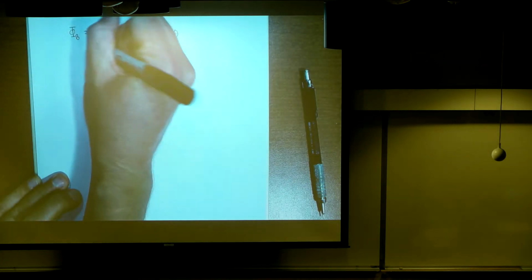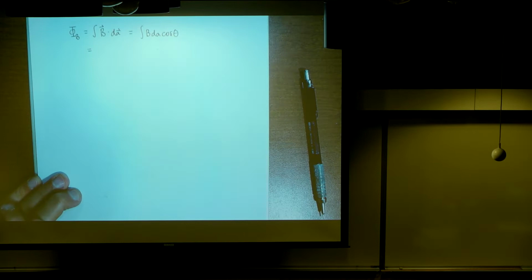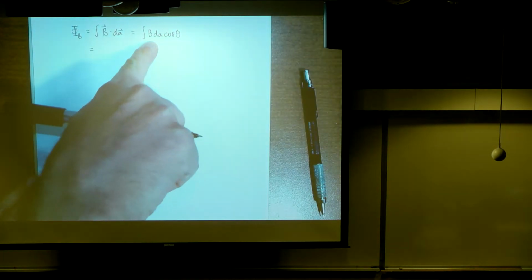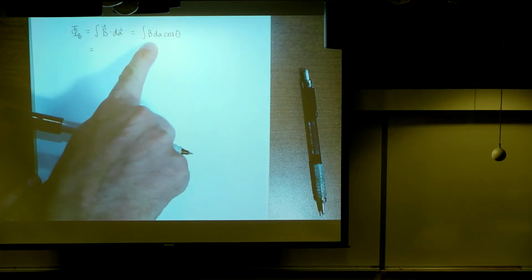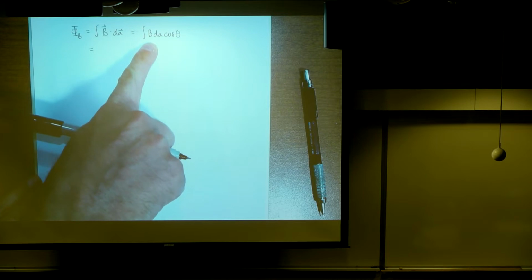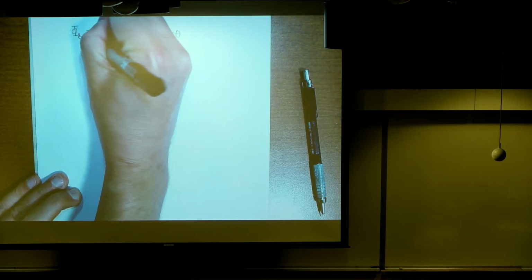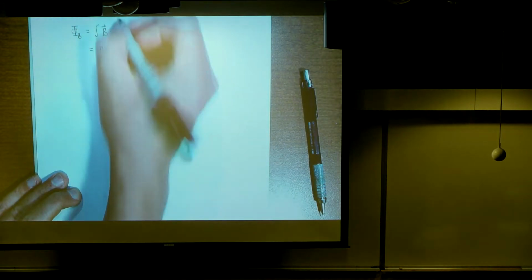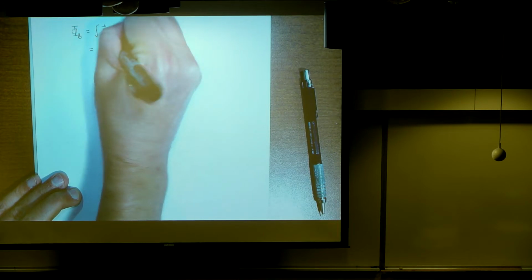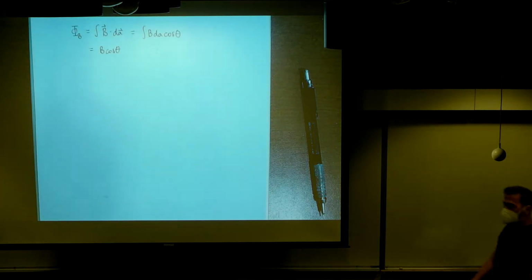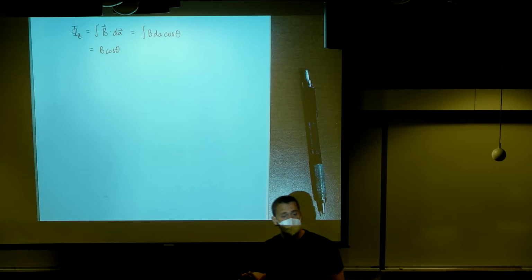And here's what we can do next, specifically in this case. So B, the magnitude of it, that's the same all over the surface. So that's going to be something we can pull out. And also the angle, right? The angle is the same everywhere along the surface because the surface is perfectly flat, it doesn't curve.